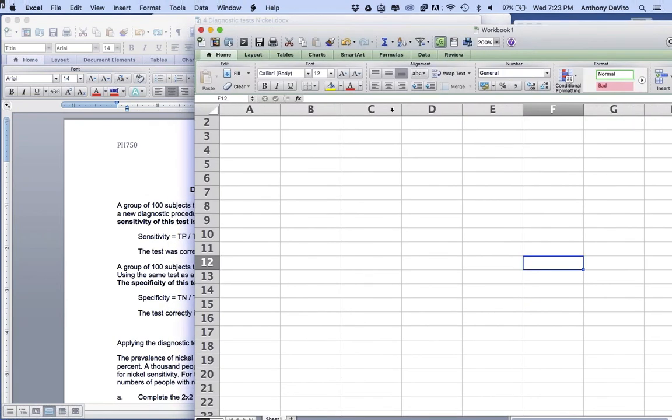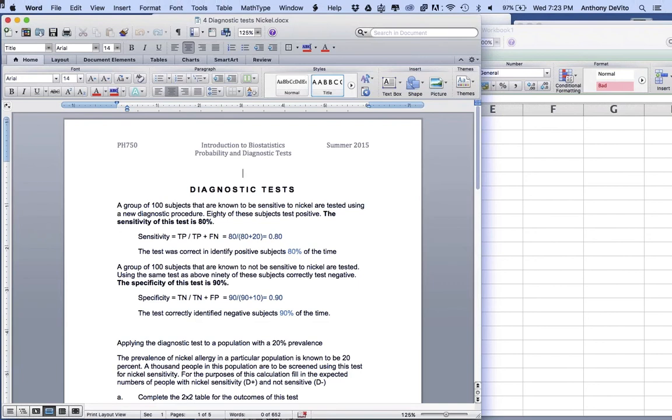Okay, so what I'm going to do is take a look at this diagnostic test that someone has invented. I picked this example for a specific reason. You have a group of 100 subjects that are known to be sensitive to nickel. A lot of people are sensitive to nickel these days.